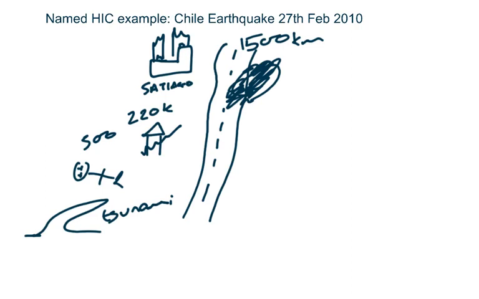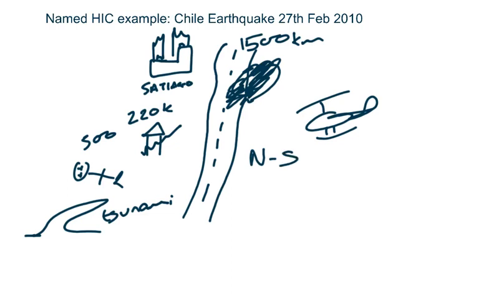Now, what did we do? What did people do? Well, obviously a lot of the aid, because of the remote communities, would have been helicopters. Again, the majority of this will have happened within Chile itself. The Chilean army and government would have provided those helicopters.